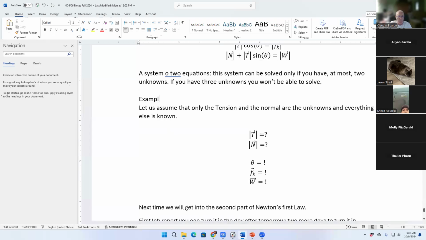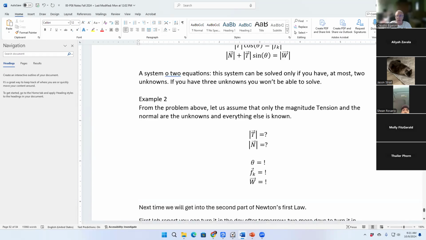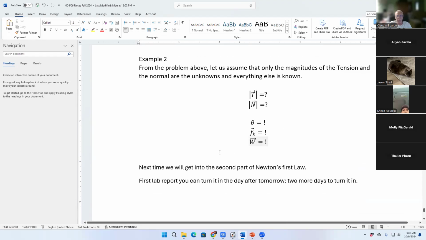I call that example 2. Let us assume that, from the problem above, only the magnitudes of the tension and the normal are unknown, because we know their direction, and everything else is known.